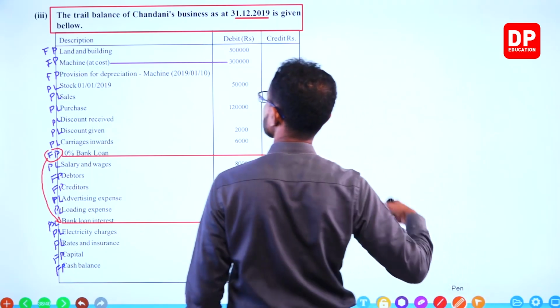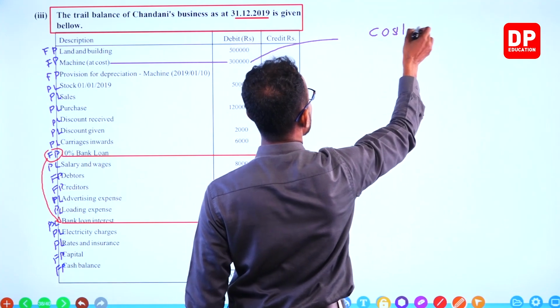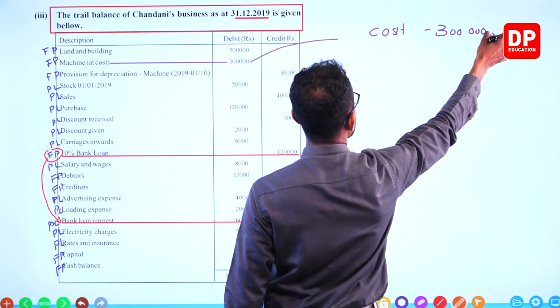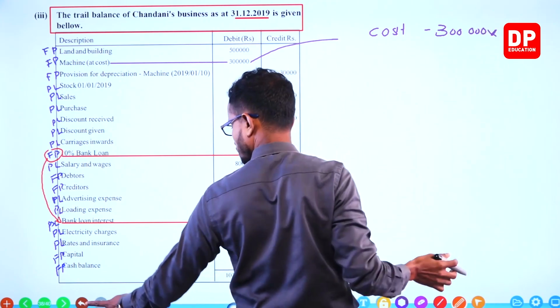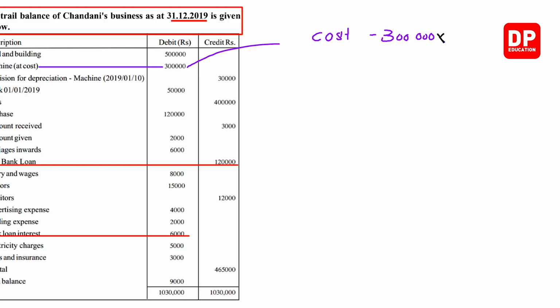Take that 300,000 and multiply by 10/100, and the answer you get is 30,000.